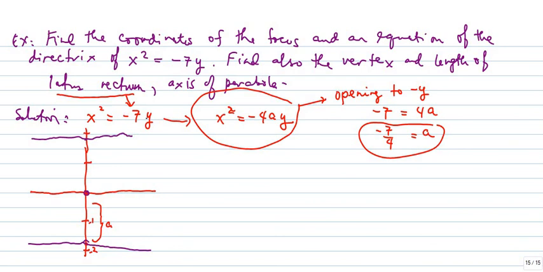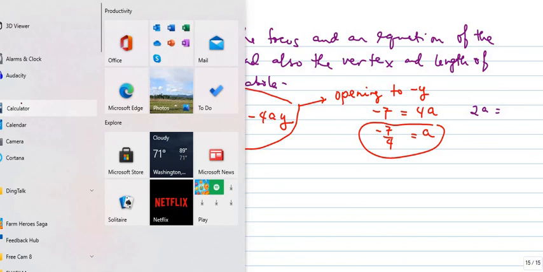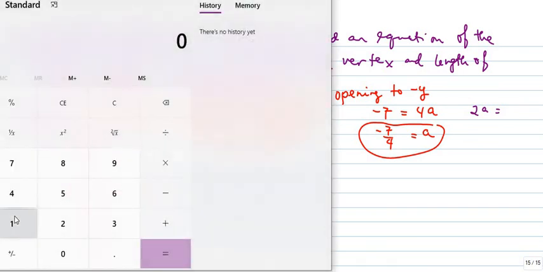The latus rectum is 7, which is 4a. So half of it is 2a, which means 2 times 7 over 4. So 1.75 times 2 equals 3.5.